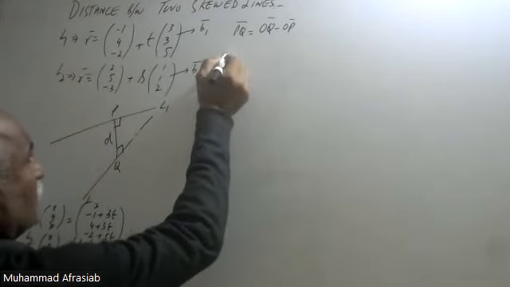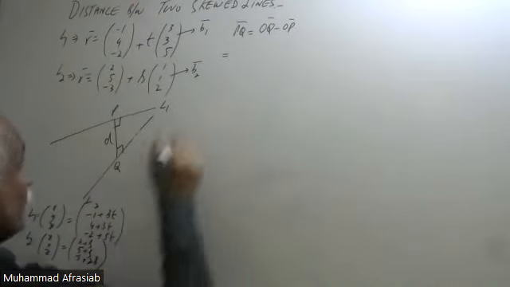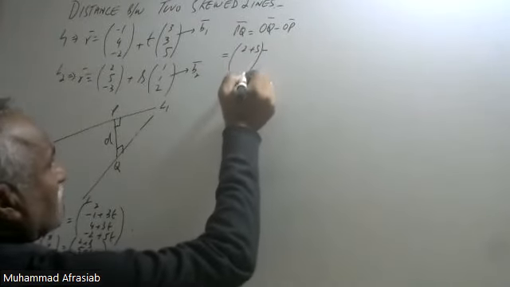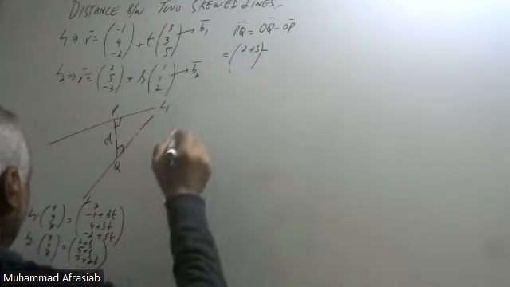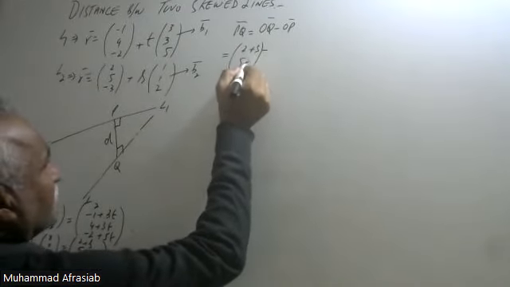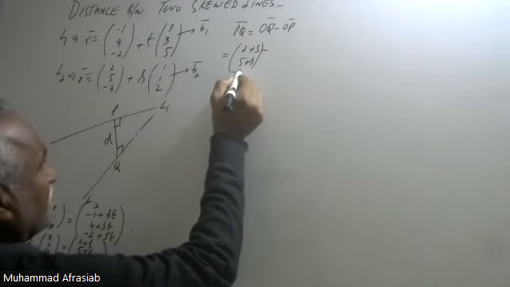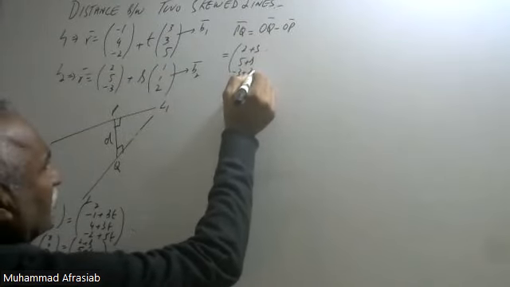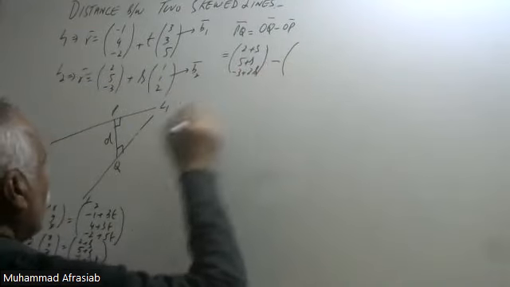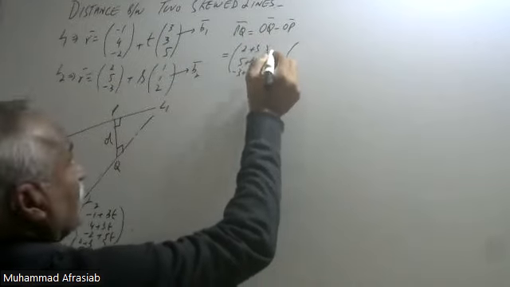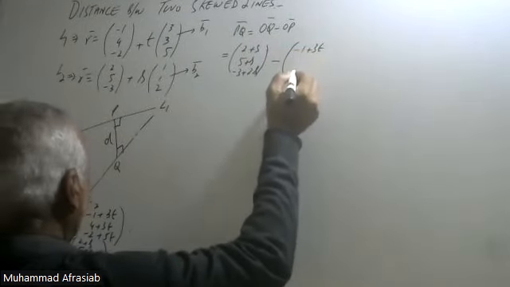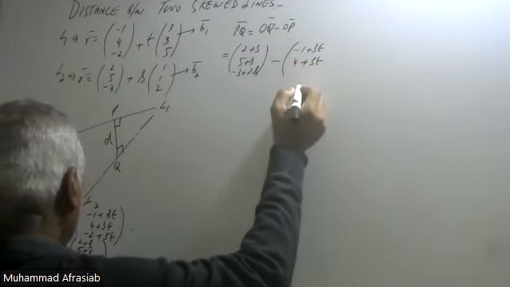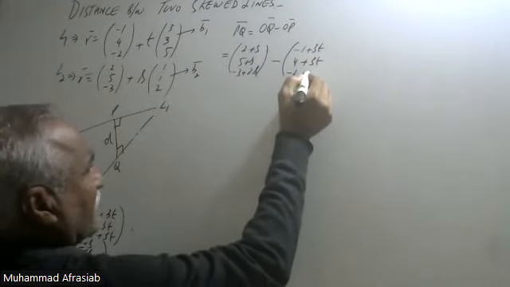That is (2 plus s, 5 plus s, -3 plus 2s) minus OP, which is (-1 plus 3t, 4 plus 3t, -2 plus 5t).